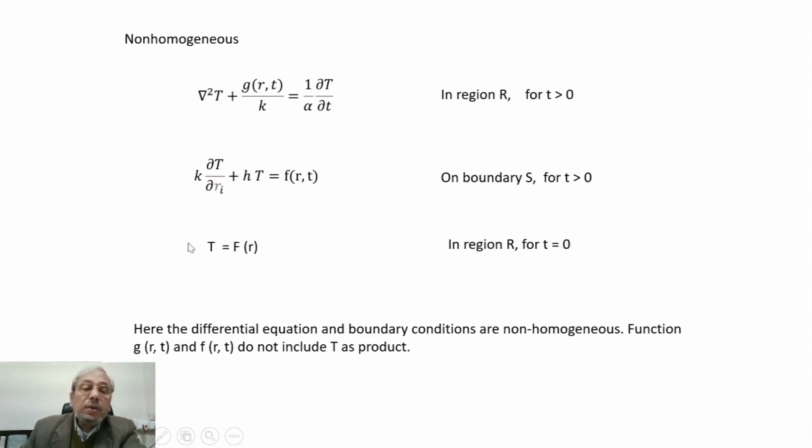For t equal to 0 it is f(r), but for t greater than 0, we can see in the governing equation and also on the boundary, the functions g(r,t) and f(r,t) do not include T as a product. So here the differential equation and the boundary conditions are non-homogeneous.